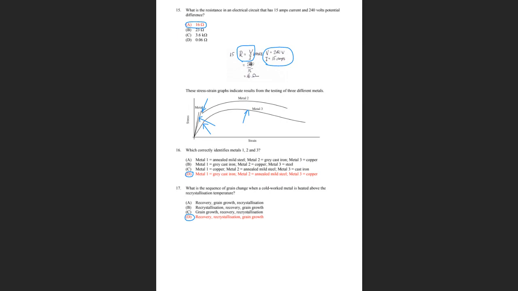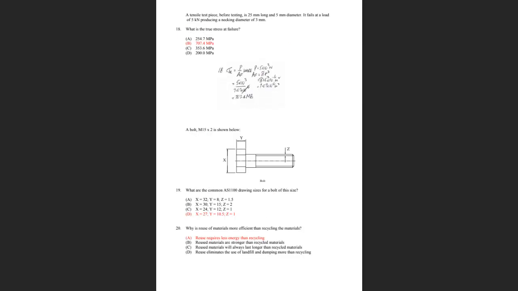Next question is question 18. What is the true stress at failure? When you're given the original diameter and the diameter at failure, you can almost be certain that you're going to be asked a true or engineering stress question.